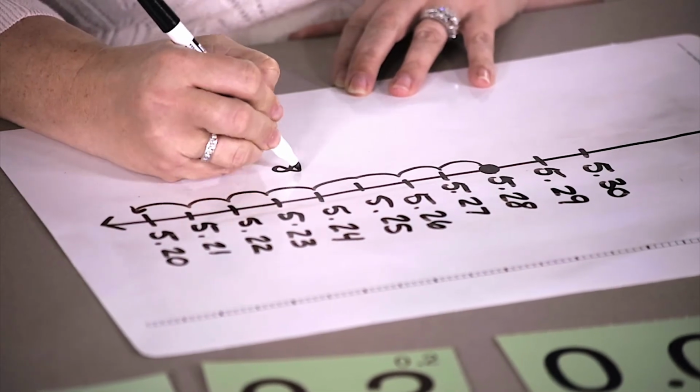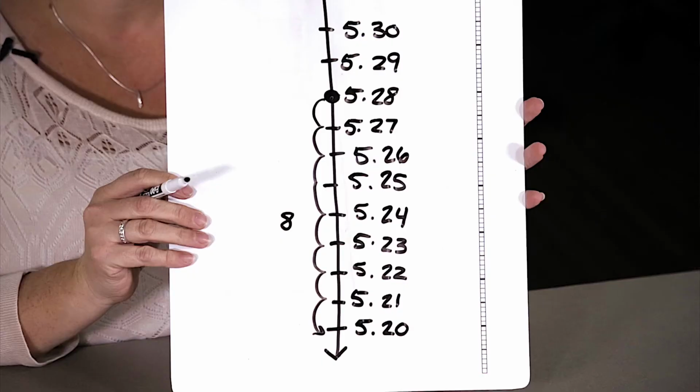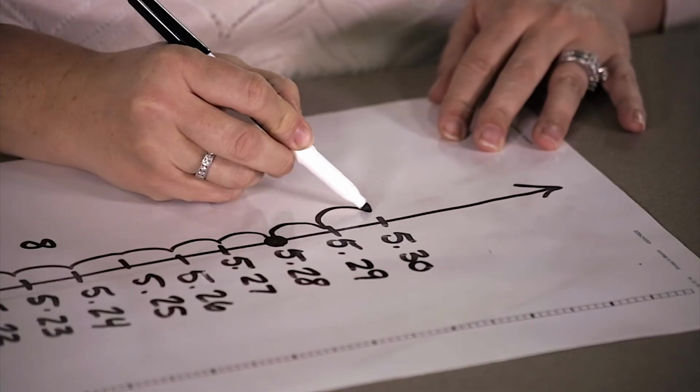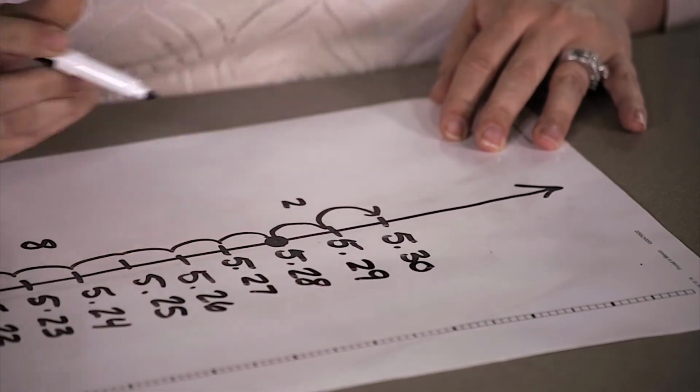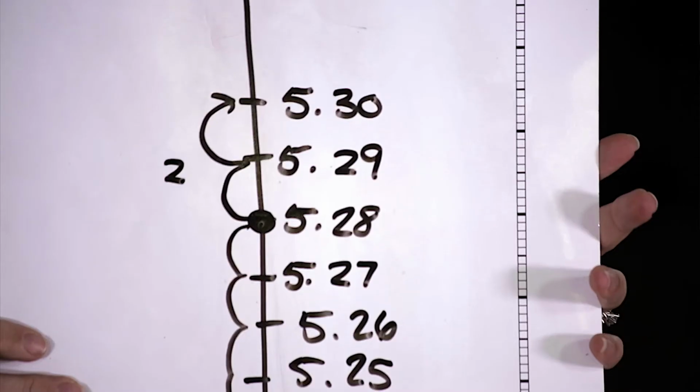It took 8 steps to get back to the tenth that came before. Then have your child count the number of steps to go to the next tenth. 1, 2. It took 2 steps to go to the next tenth.